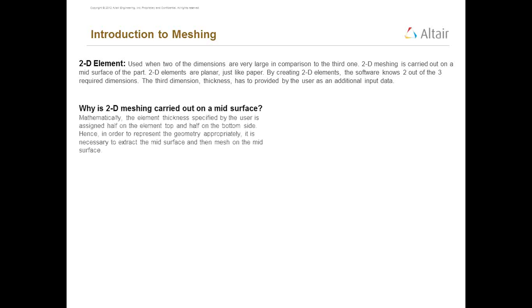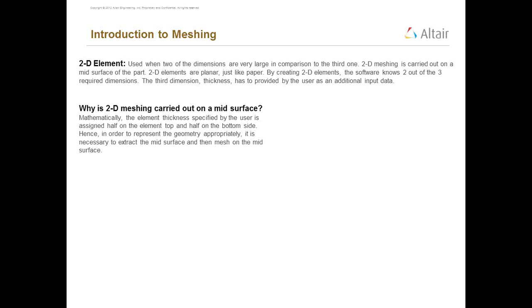Then a question may arise: why is 2D meshing carried out on a mid surface? We can use any of these surfaces, either the top one or the bottom one. Why do we have to create a mid surface and then do the 2D meshing on it? Mathematically, the element thickness specified by the user is assigned half on the element top and half on the element bottom side.